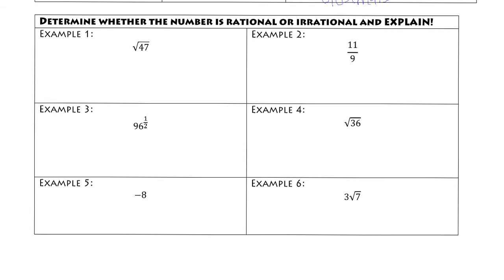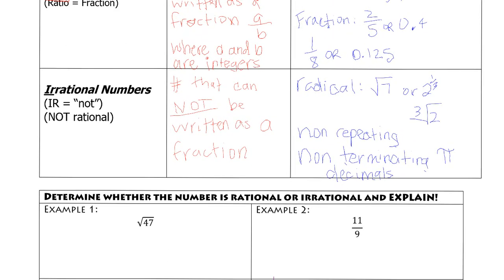But square root of 47 cannot be simplified anymore. It is a radical, just like we see up here. Square root of 7, it's all the way simplified. Square root of 47 is the same idea.